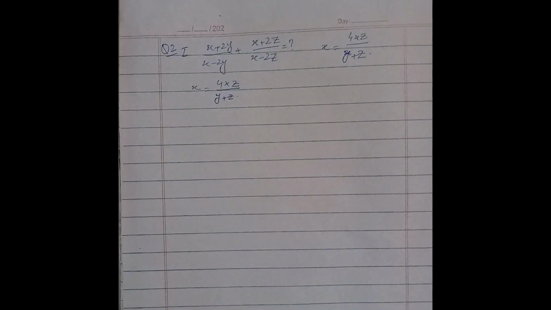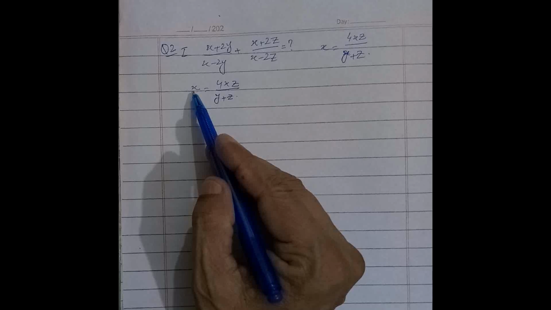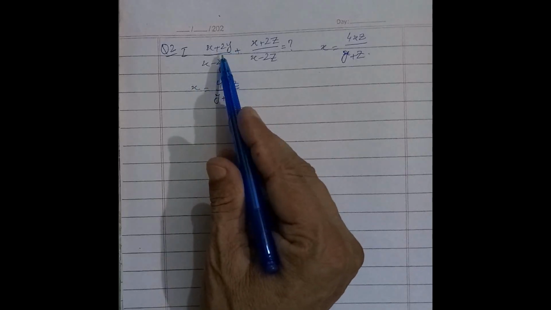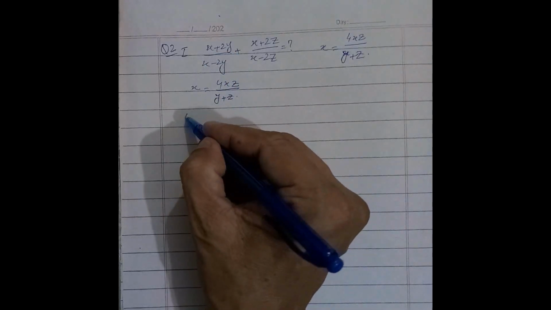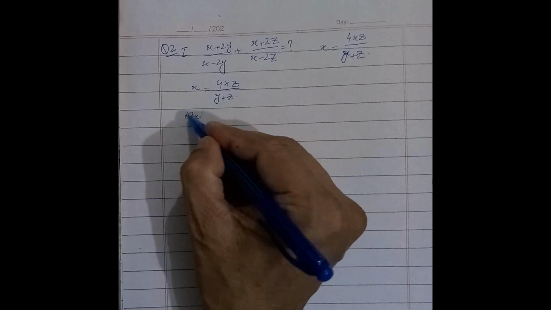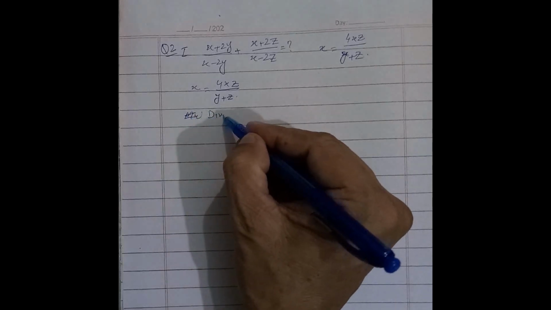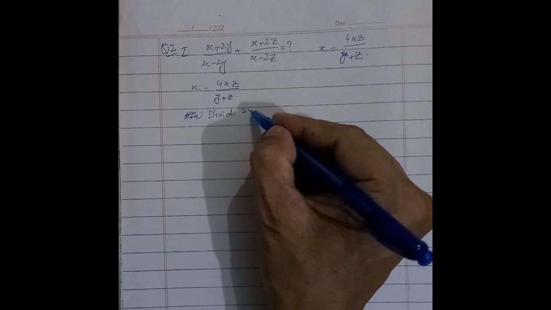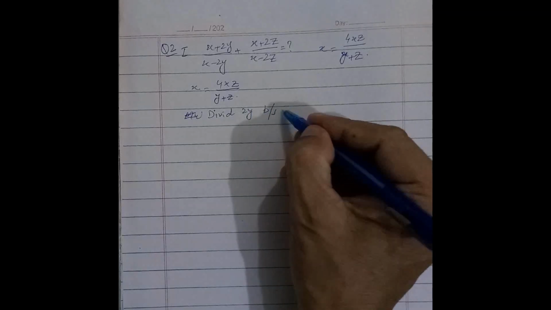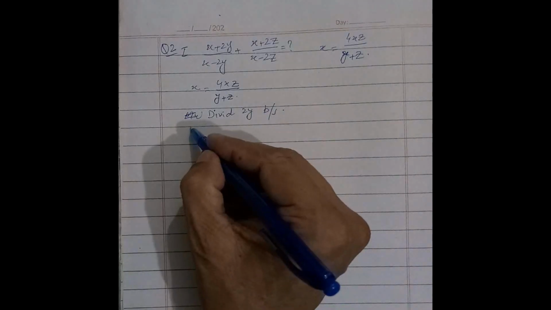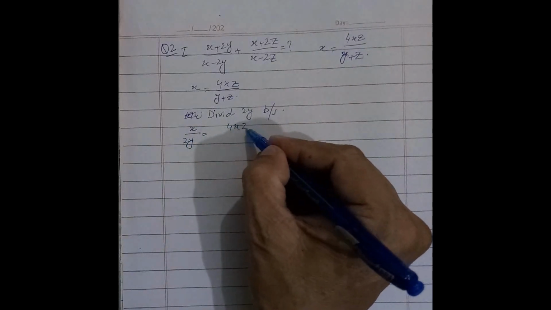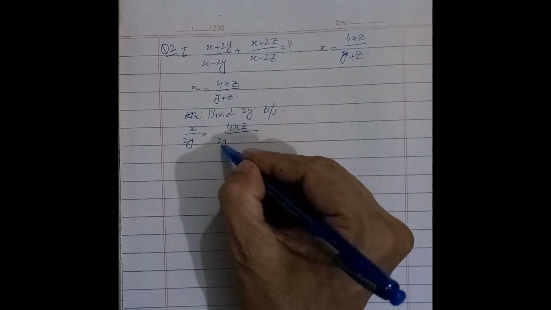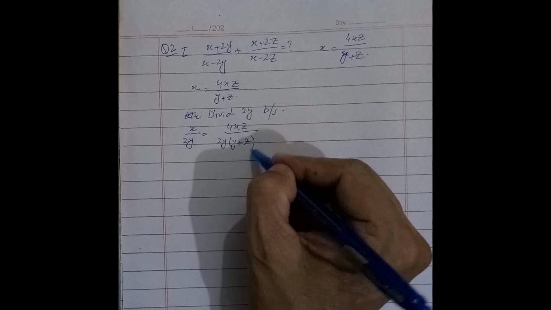Before using componendo dividendo, we divide x by 2y because 2y is what we require for the formula. So divide by 2y both sides. We have x over 2y is equal to 4yz over 2y (y plus z).